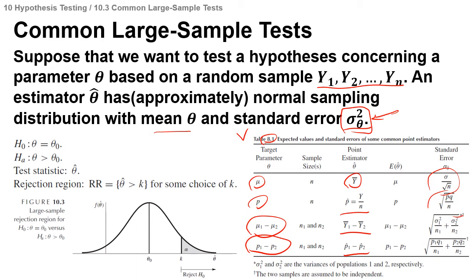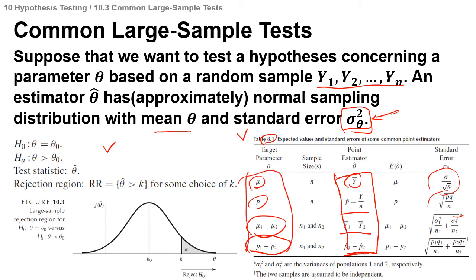With large n, we know that these point estimators follow a normal distribution by using CLT, the central limit theorem, and so usually we use that assumption when we are doing hypothesis testing about these parameters.